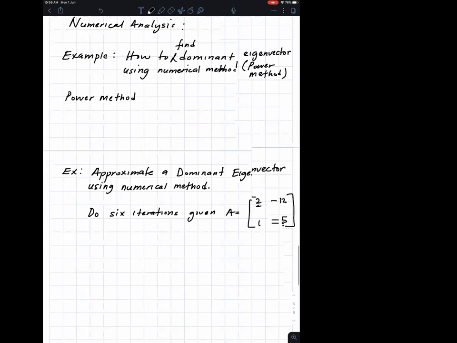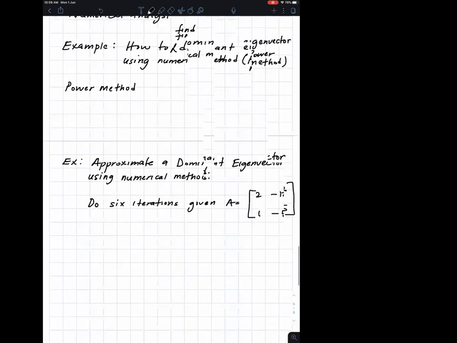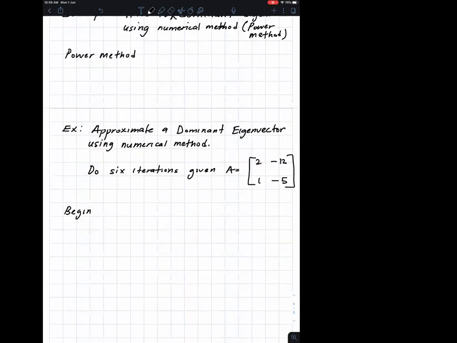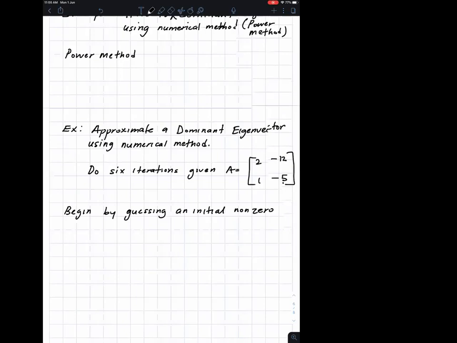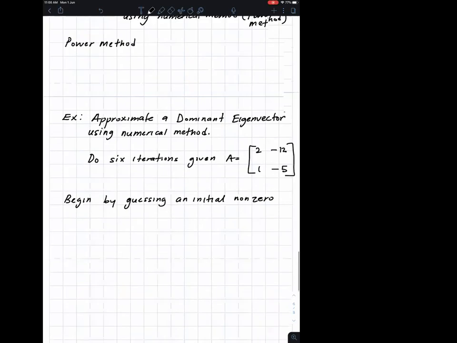Okay, the first thing: begin by guessing an initial non-zero vector x naught.